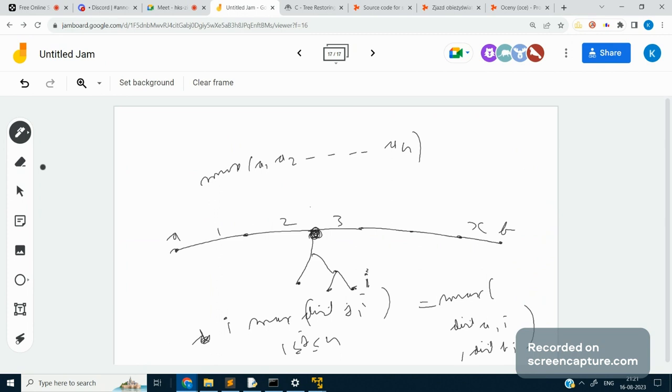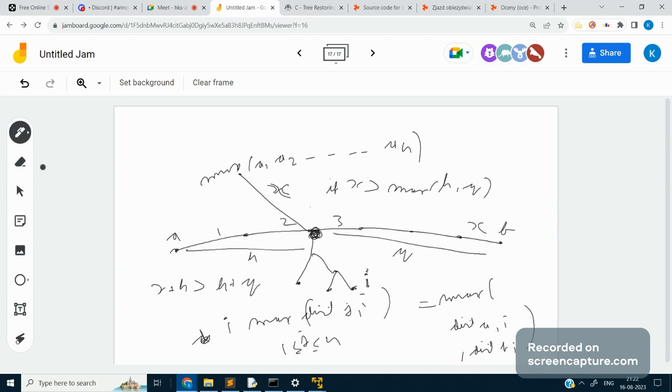If there's a path of length x after reaching the root of this tree, like we split it into different trees, and x is greater than the max of the other two, say this is length p and this is q, then p plus q is not the diameter. You can delete q and add x instead, and x plus p is greater than p plus q, so this is not possible.